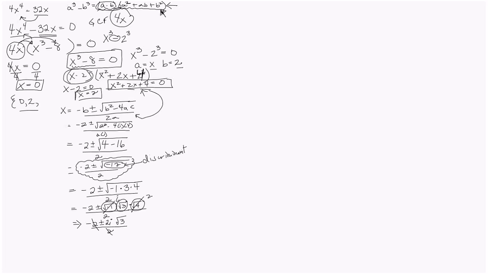Negative 2 divided by 2 is going to be negative 1, and 2 over 2 is going to be positive 1. So I can just cancel out the two 2's here, just leaving me with i square root of 3. So this is the final reduced answer of this quadratic.